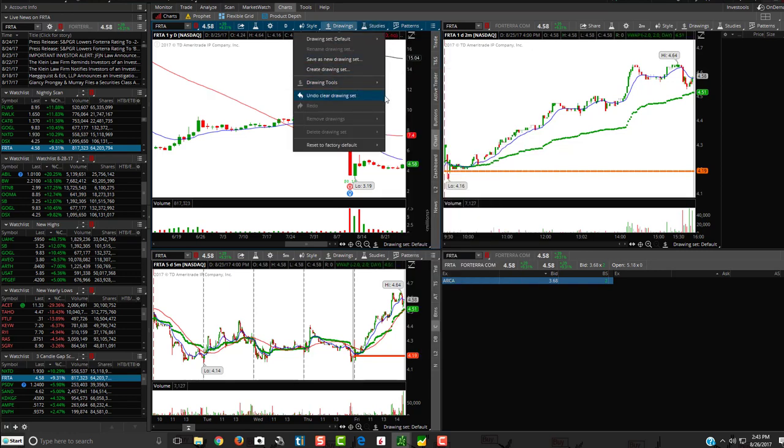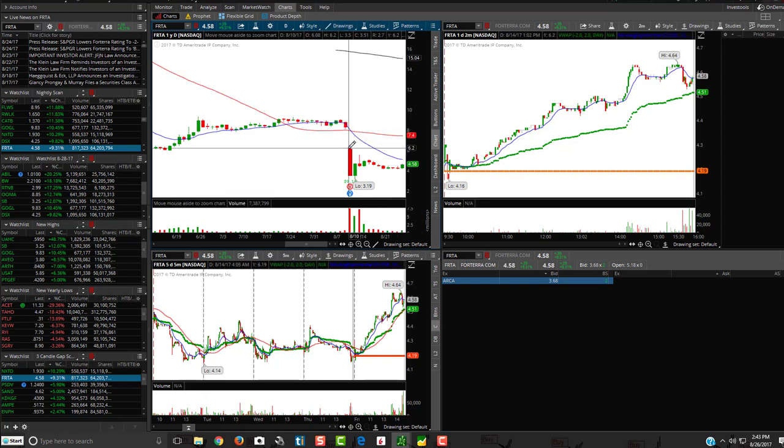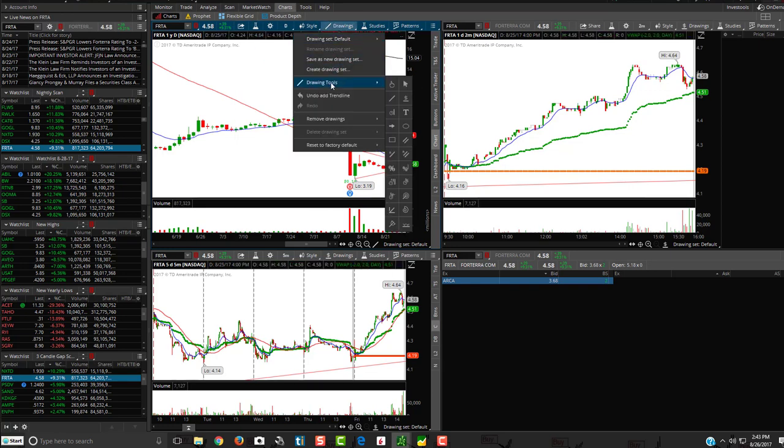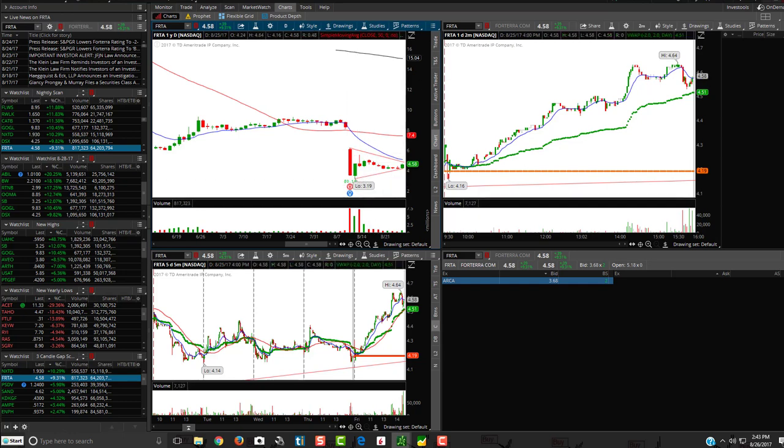If you look right here, let's see here, right there, and then let's see this one here. So with this one, it's basically a triangle formation. You want to see it break here and then come across a 620 and then see if it's going to go and fill the gap.